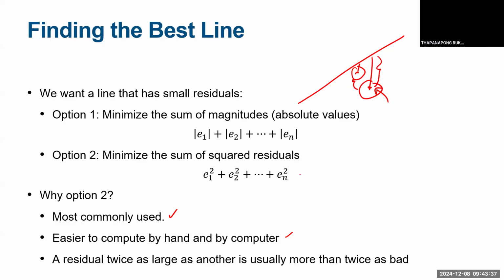The other option is to minimize the impact of the furthest point. You compare each line by the point that is farthest away, and the best line would be the one where the furthest point is the closest among any line.